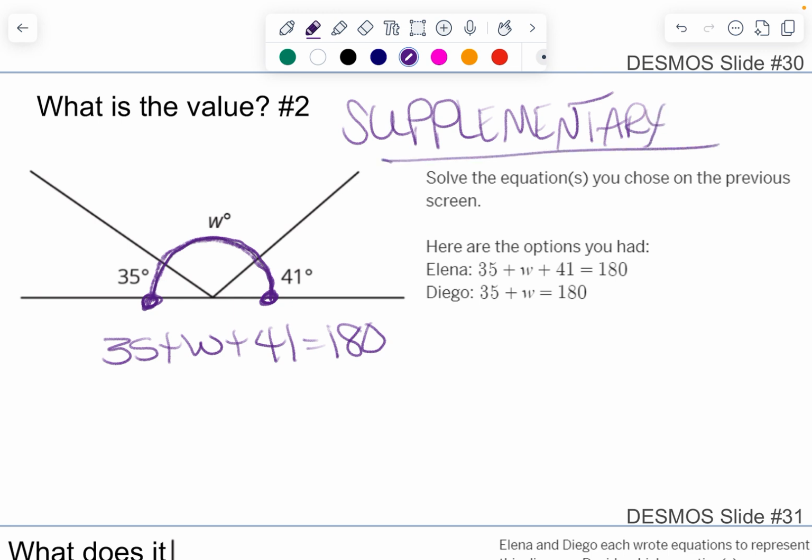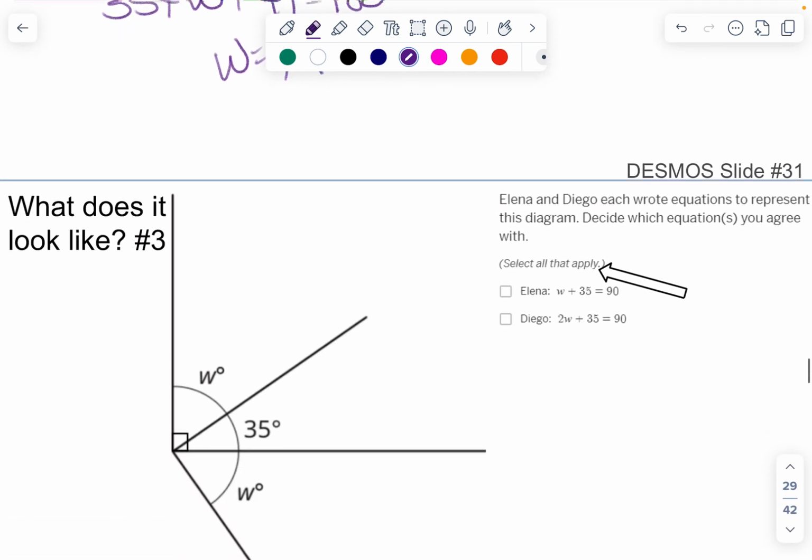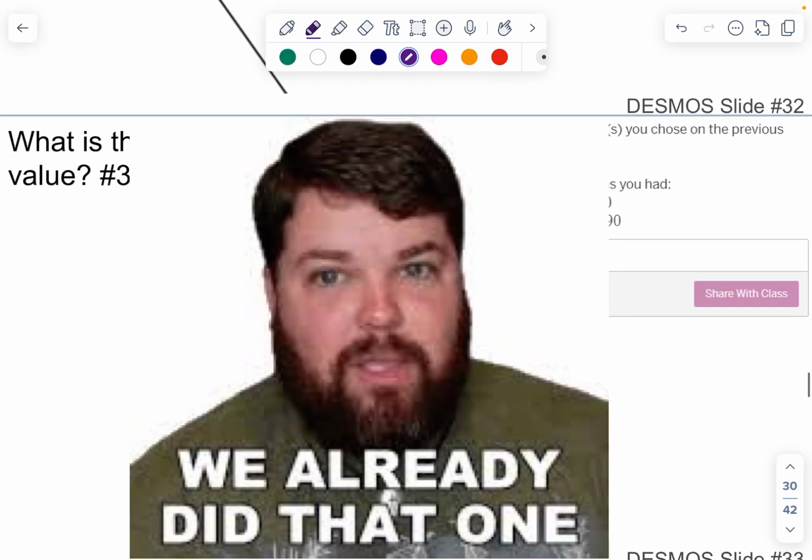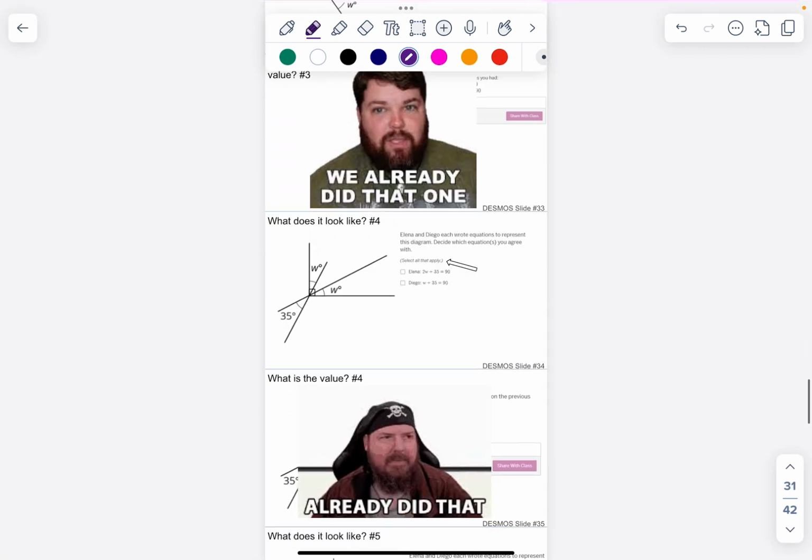So I'm going to just do 180 minus 35 minus 41, and that means that W equals 104 degrees. All right, let me see what we got left.